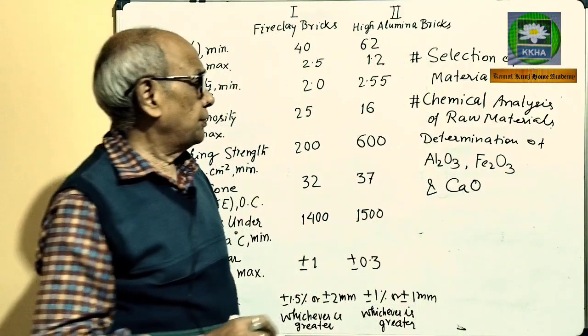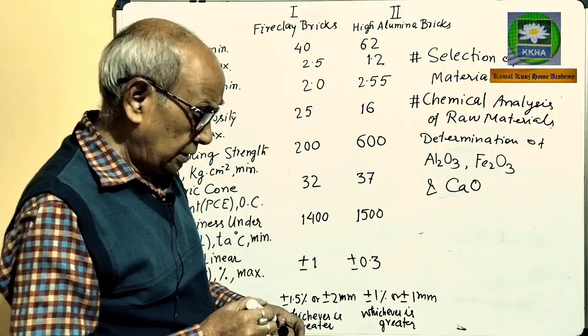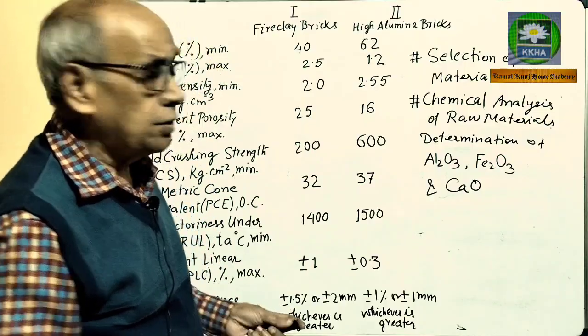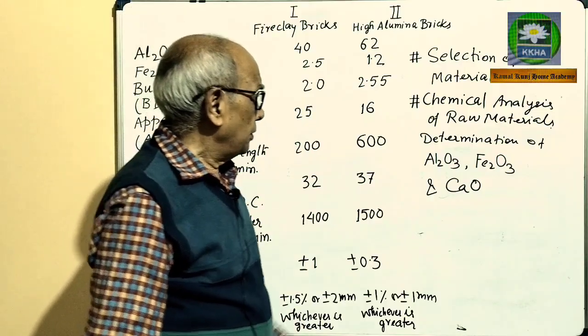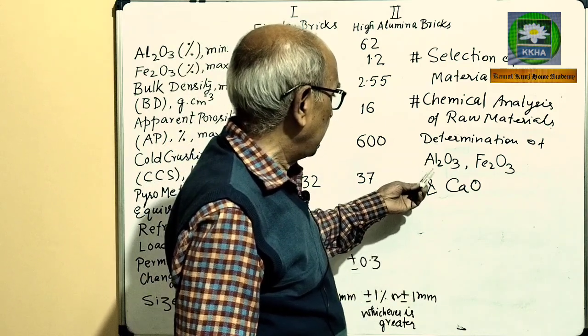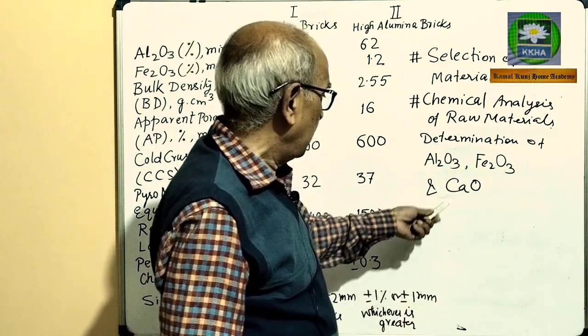For estimation of the quantity of raw materials required, you need chemical analysis of raw materials. So you have to determine alumina percentage, Fe2O3 and CaO.